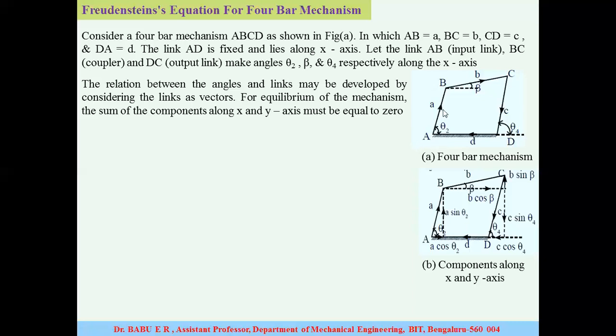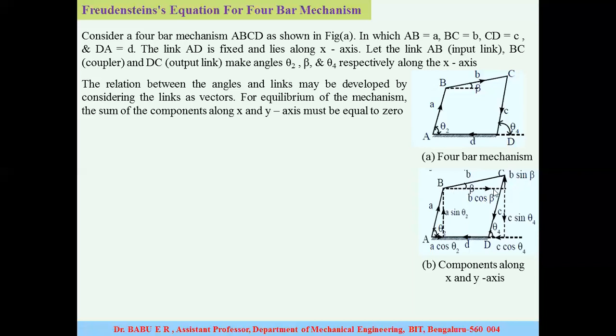Now I will resolve the length of the links with respect to the angle. When we resolve this, we get the horizontal component as well as the vertical component. For the link AB, we get a horizontal component small a times cos theta 2, and a vertical component small a times sin theta 2. Similarly, the link BC is represented by vector B. We get a horizontal component b cos beta, and a vertical component b sin beta.